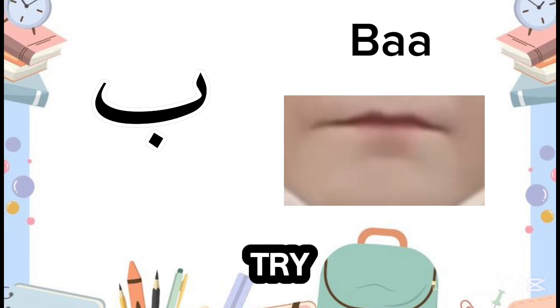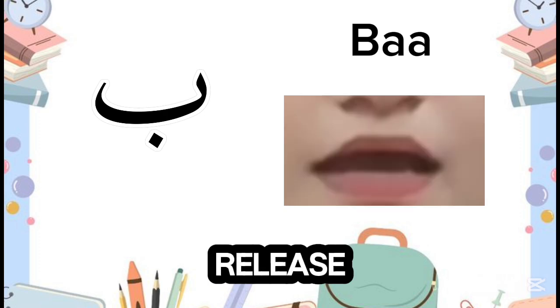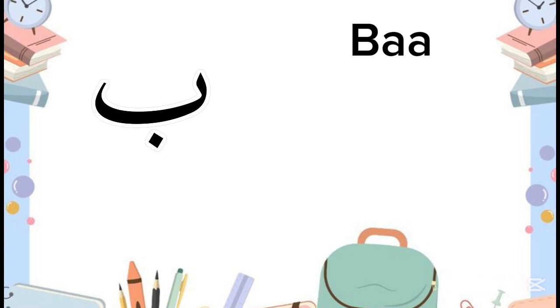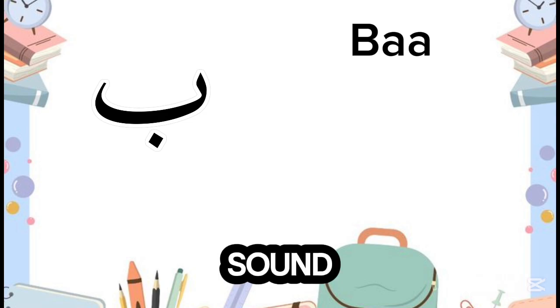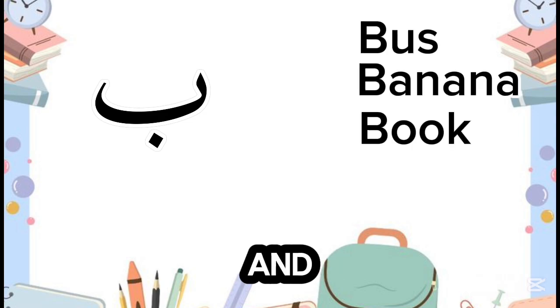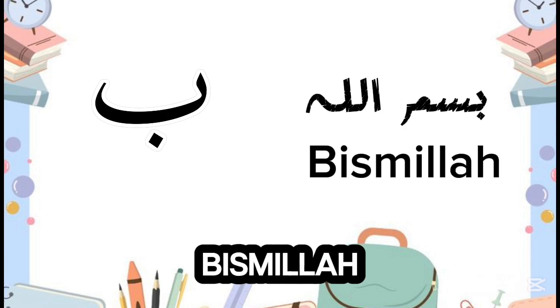Try to feel how your lips close gently, then release the sound. Ba sounds like in bus, banana, book, and bird. In the Quran, you will find this letter in words like Bismillah.